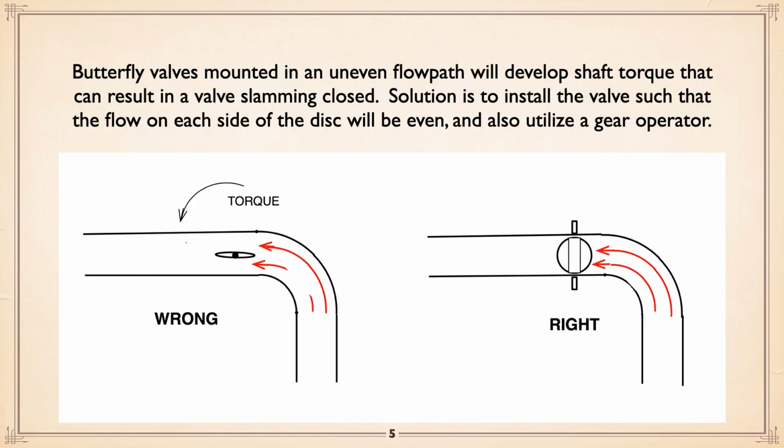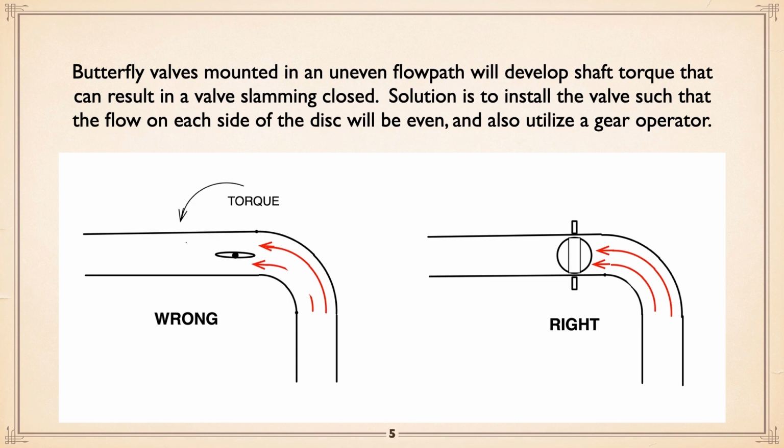Butterfly valves mounted in an uneven flow path will develop shaft torque if they're mounted as shown in the drawing to the left, where you've got an elbow and then you mount it with the shaft as drawn there. The flow, because it's uneven, will create a torque on it.